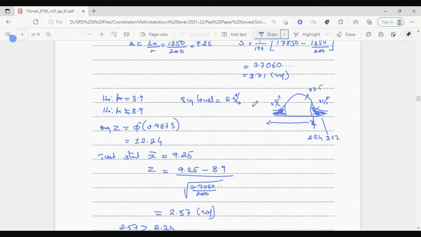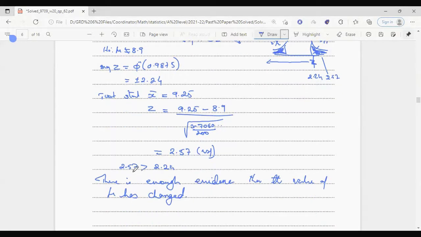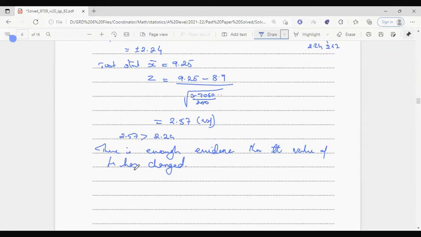We drew the figure and we found out what is the z value in standard normal distribution, and we found it's 2.24. Then we converted our test stat 9.25 as well to the z value, and we found it is 2.57, and we found that 2.57 is falling in the rejection region and hence reject the null hypothesis.